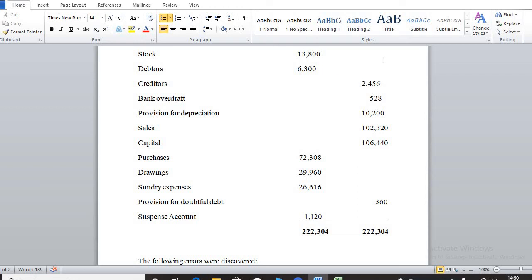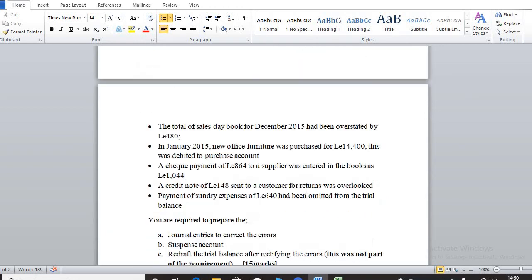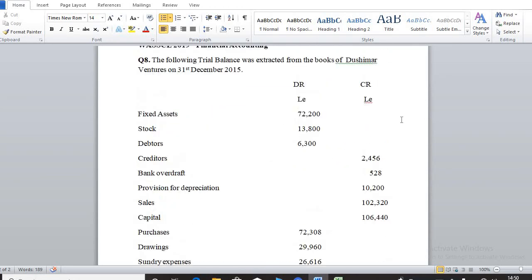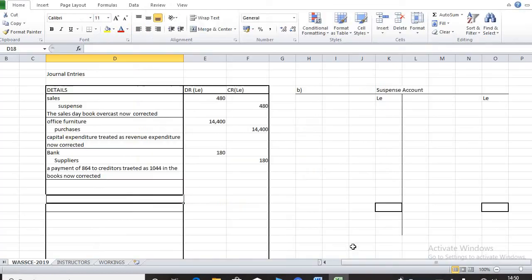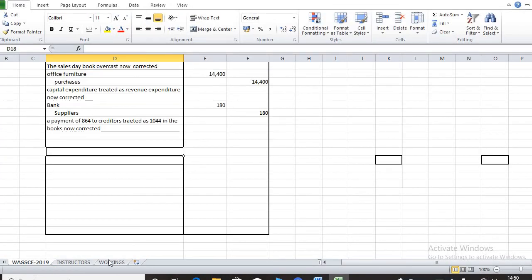Because whenever you make payment to creditors, you debit the account, and because it has been overstated, you have to credit the account. So if you find the difference and you know that it has been overstated, you credit the account that was debited, then you debit the account that was credited. The bank account was credited, so you have to debit the bank account, as we've done in our workings.